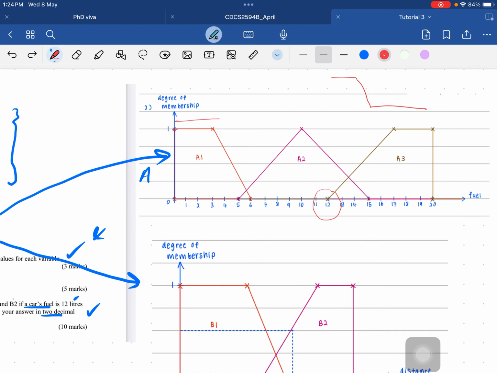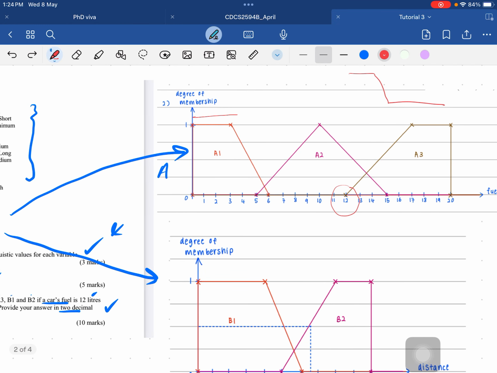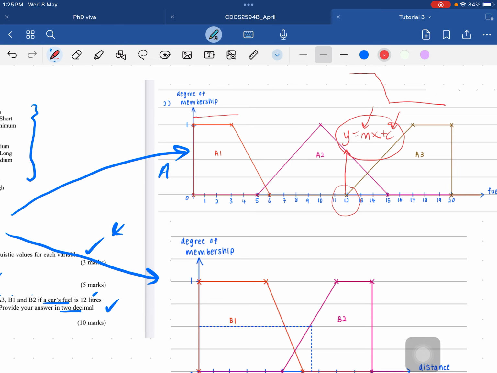What about A2? A2, you are going to have one value here. Okay, so this value, you need to calculate by using y equal to mx plus c, right? Given that, you need to find the m, the gradient, either it is positive or negative, and also the c here, okay?